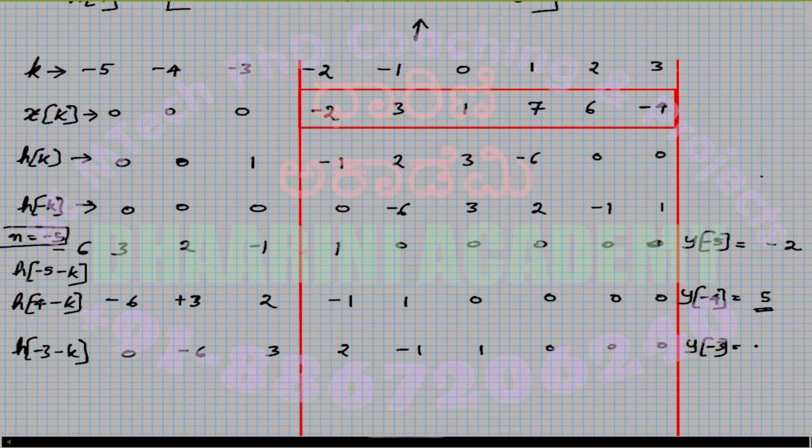So you get y of minus 3 as minus 6. Okay, then the next one I have to calculate is h of minus 2 minus k. Okay, so this is 0, 0, minus 6, 3, 2, minus 1, 1, 0, 0. Okay, so this is y of minus 2.